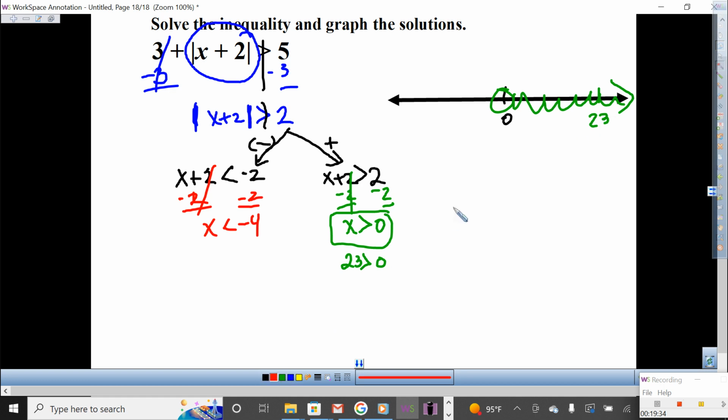Next, I'm going to go with negative 4, open point, and I'm going to test 0. Is 0 less than negative 4? No, right? Because it's on the right side, so I'm going to go against the 0. There it is, and we end up with or. See if you can write your solution set for that one by yourself.